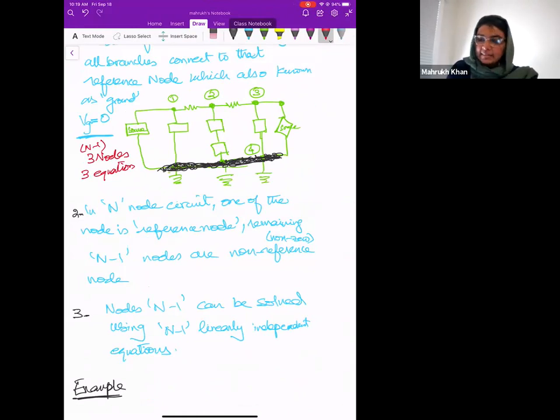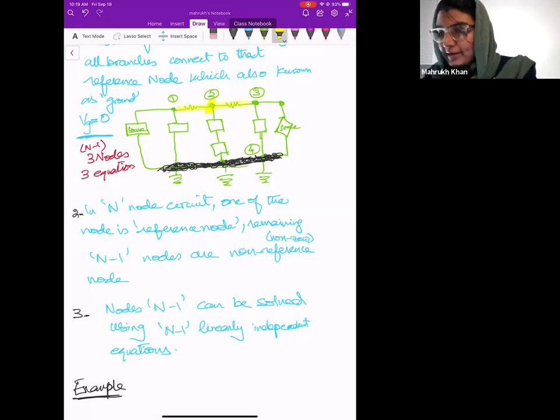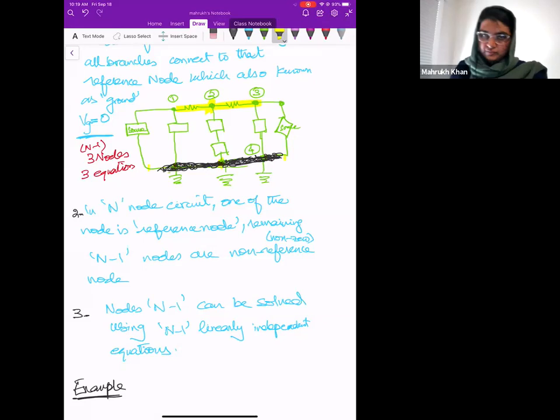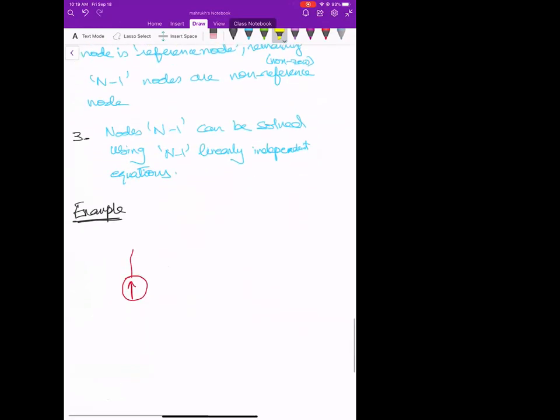Someone may say that 2 can be the reference node, but if you see here, 2 is connected to only 2 branches, but 4 is connected to 1, 2, 3, 4, 5 branches, okay? So the node I pick should be connected to the maximum number of branches.